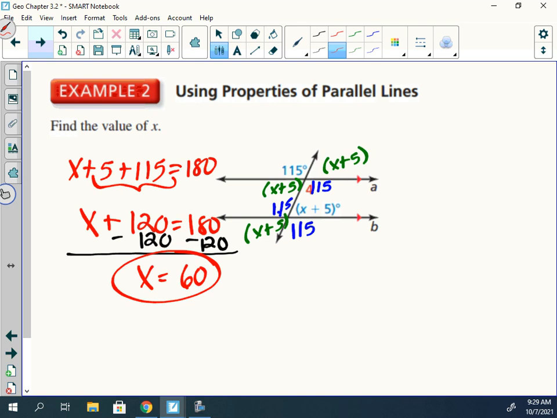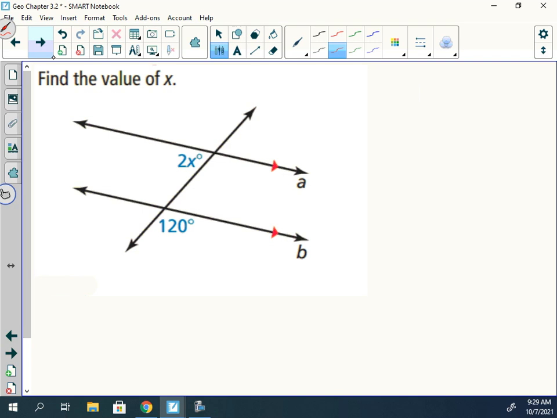Questions on this here? Find the value of x. Is 2x and 120, are those corresponding angles?